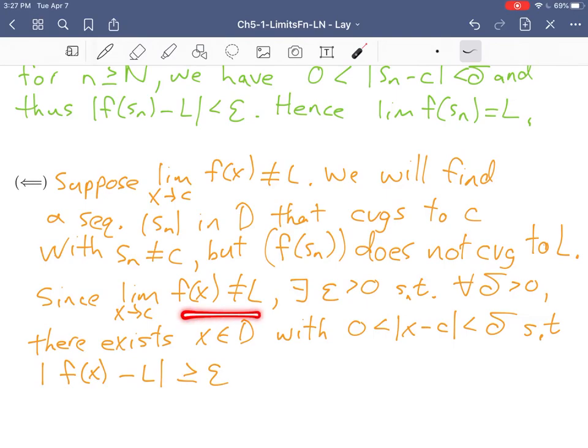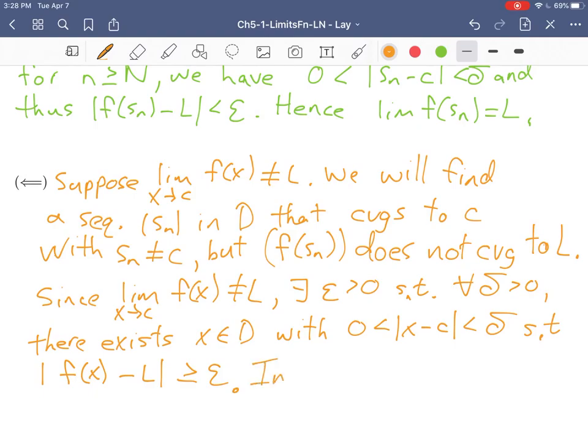Since we're saying this is not the limit, no matter what delta you might choose, there's going to be a value of x that is within delta units of C but still has the value of the function at least epsilon units away from L. We haven't finished our proof yet, but that's what we would have.